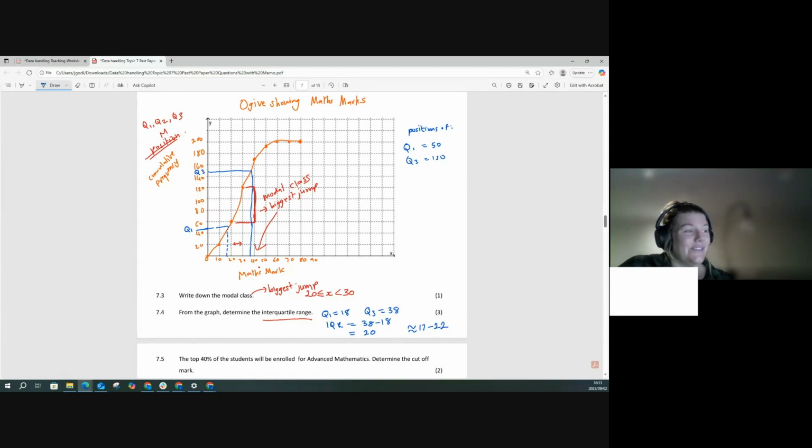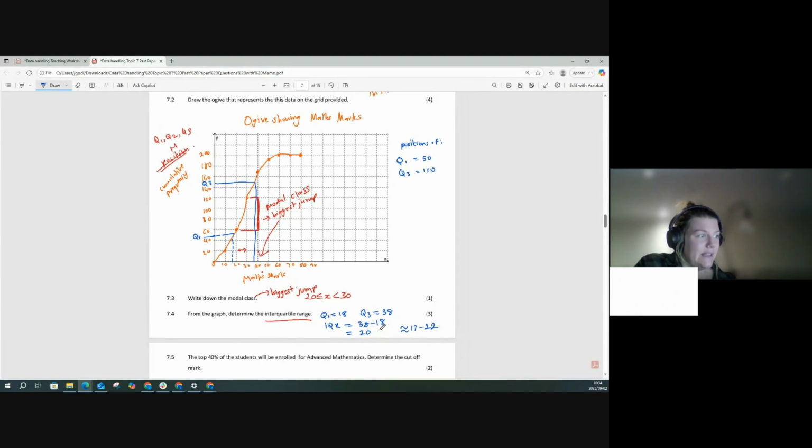Okay, so the first thing to do is I need to know what 40% of 200 students is, so that I actually know what I'm dealing with. It takes me to 80. So 80 of the students are going to be enrolled into advanced mathematics.